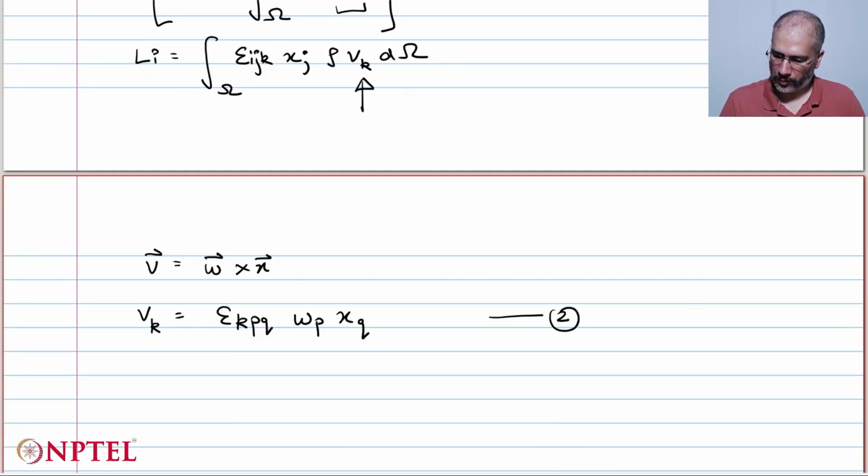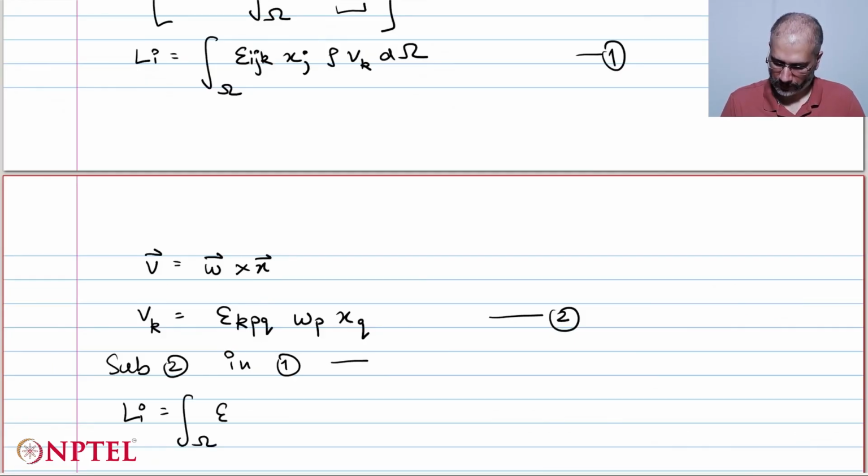So let's call this 2. Let's call this 1. So we substitute 2 in 1. So we get L_i as this.